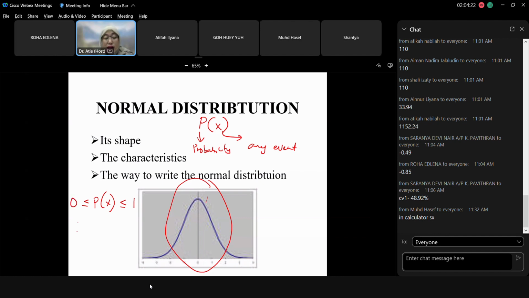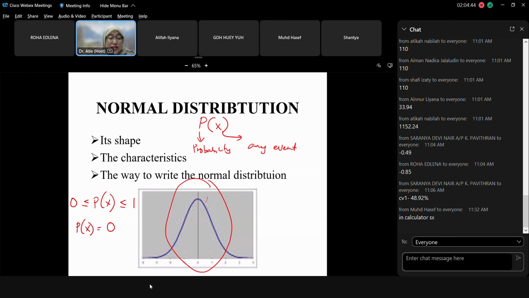So when I say that the probability of X of something is 0, it means that that event will never happen, right? Like I say, what is the probability of me sleeping now? For sure, the answer is 0. It wouldn't happen because I'm talking right now. Okay.